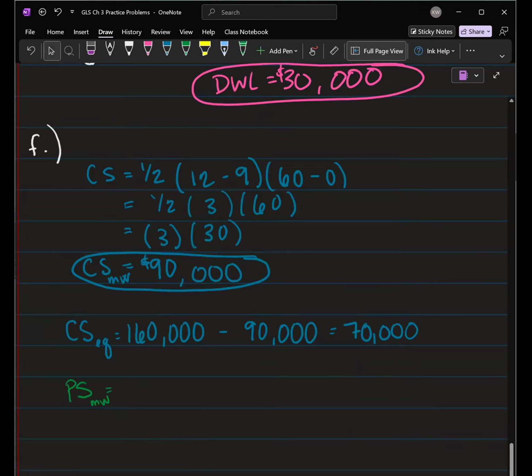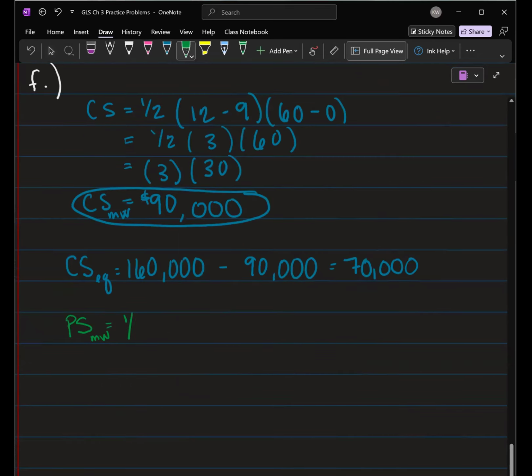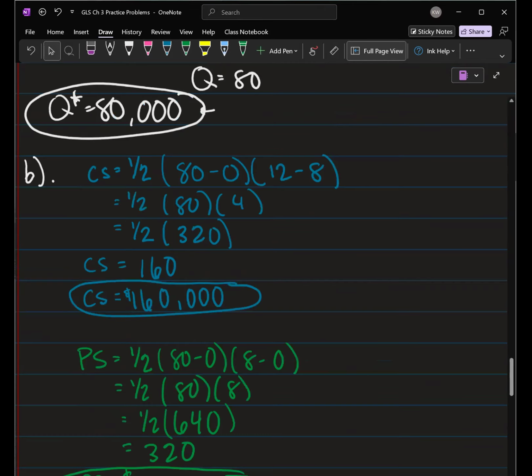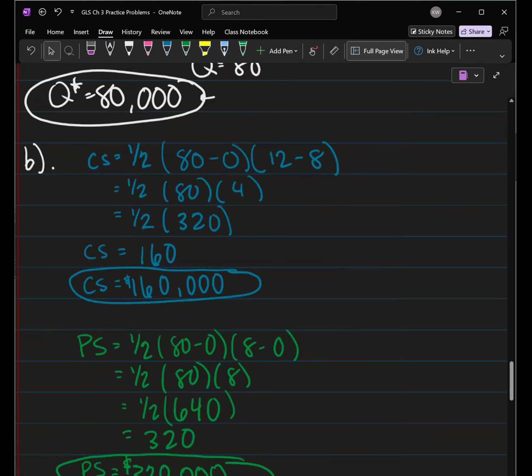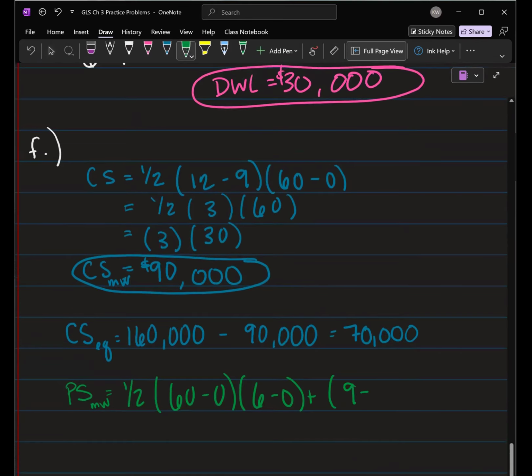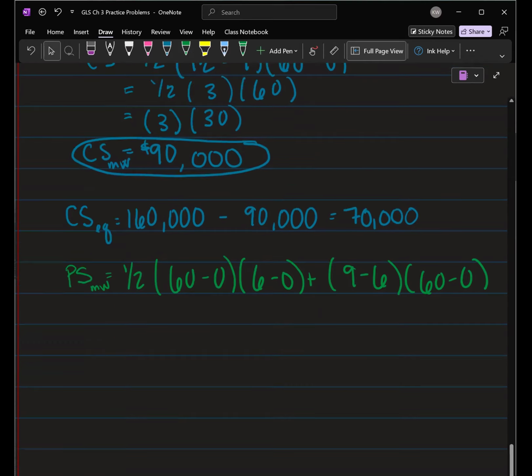That's 1/2 base times height. And we're going to add to that the area of our rectangle. So that is (9 minus 6) times (60 minus 0). And then we're just going to simplify.